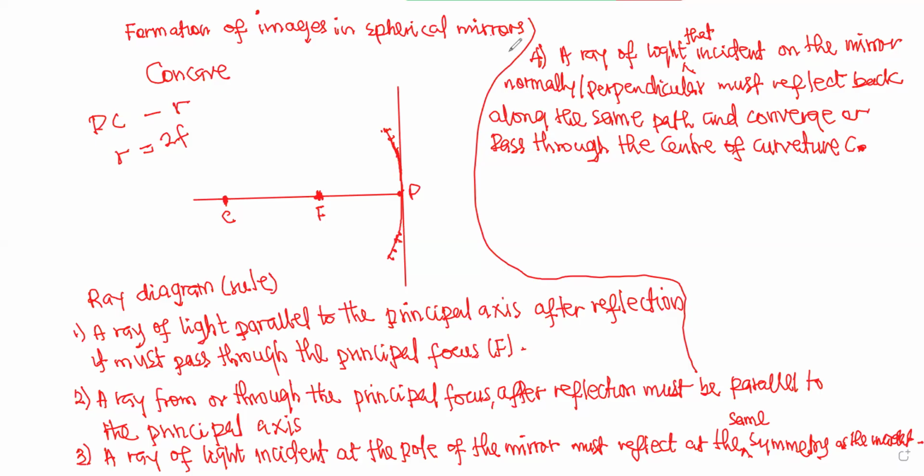All right. So let's understand how these rules actually work out. How do we use these rules? One, a ray of light which is parallel to the principal axis after reflection must pass through the principal focus.